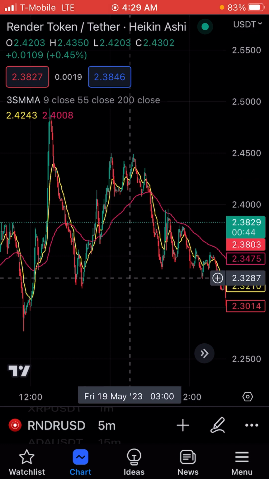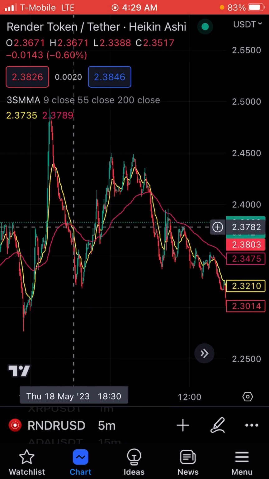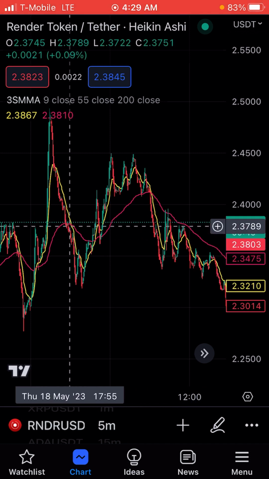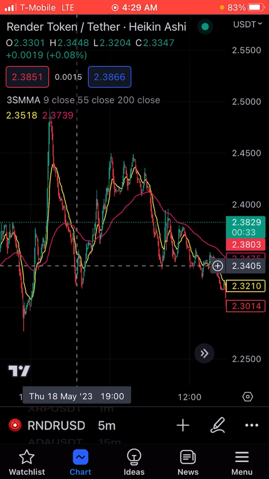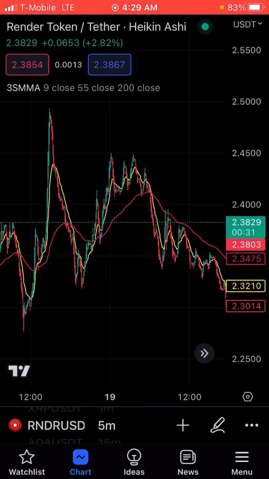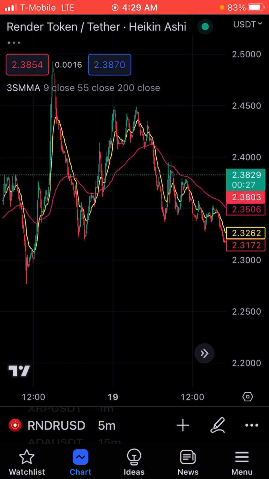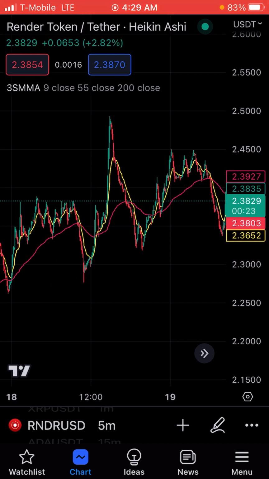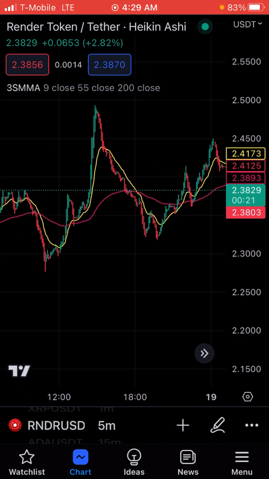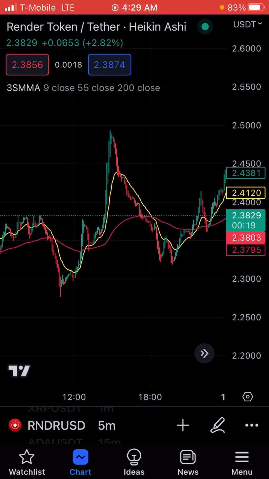So for example here, you'll see that there's a short one right here where it crossed at 2.37, and then it crossed back up again at 2.36. So that was a brief time. So you can find the small ones and the big ones with this strategy. You could just use your best judgment on it.